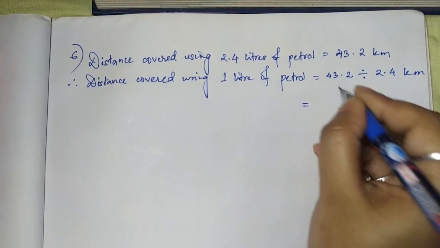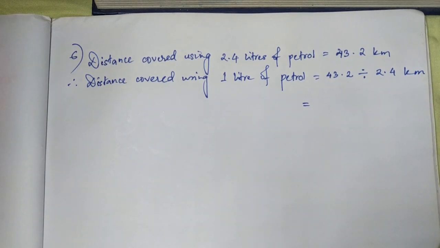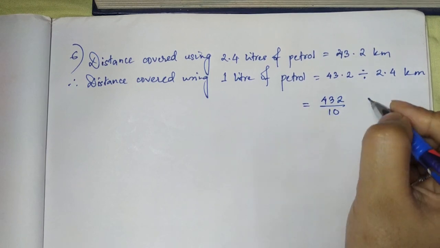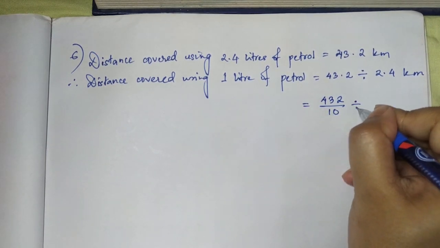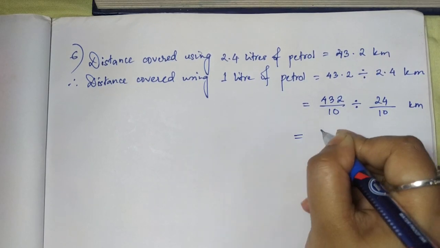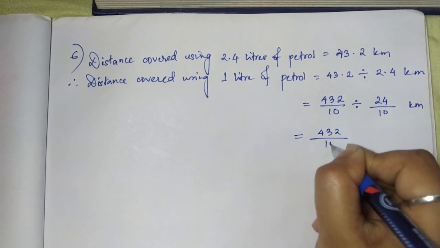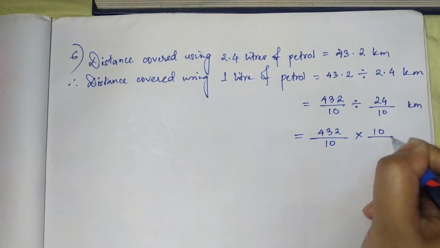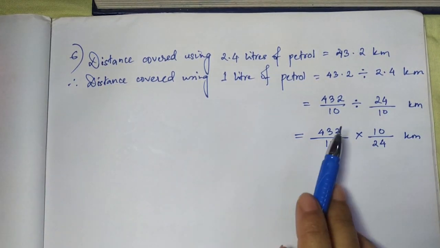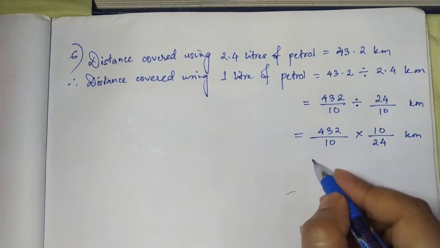Now all of you know again the similar ways of division. Let's convert it into a fraction by 10, right? And this will be divided by 24 by 10. Unit you can write on the side. Now 432 by 10. If you change this one, it gets this. See, you can cross multiply in this step also without writing the next step.